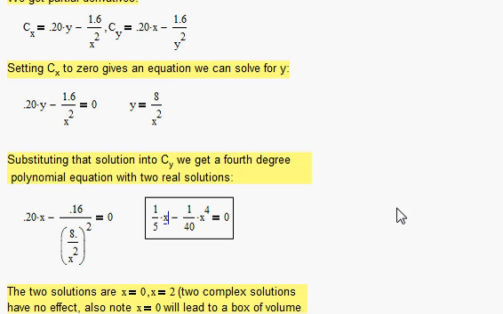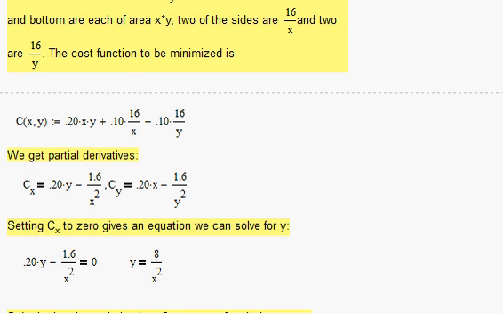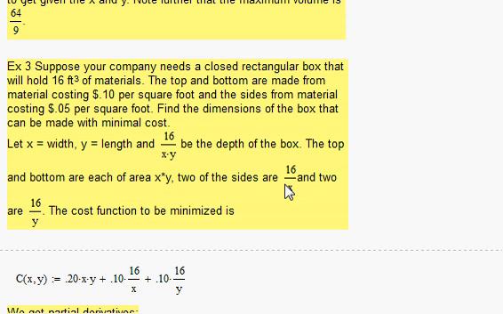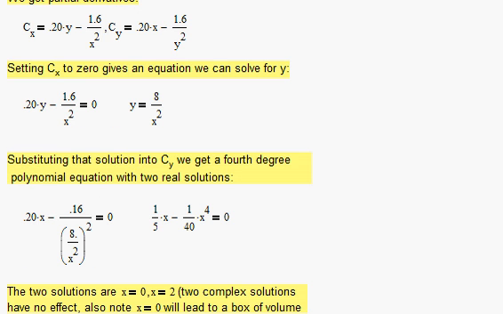Certainly 0 is a solution. But that one would make for an interesting box, because these two sides will then be 16 over 0. So that's kind of out. So we'll go to a solution that has a reasonable answer, and that would be another one.